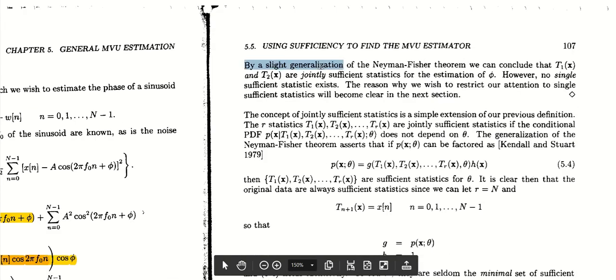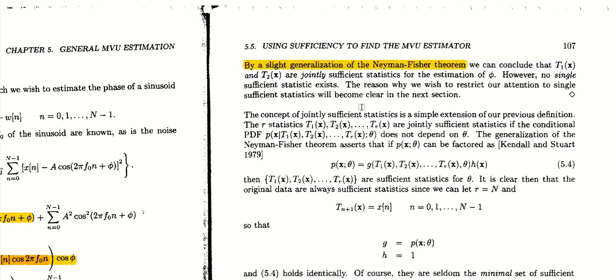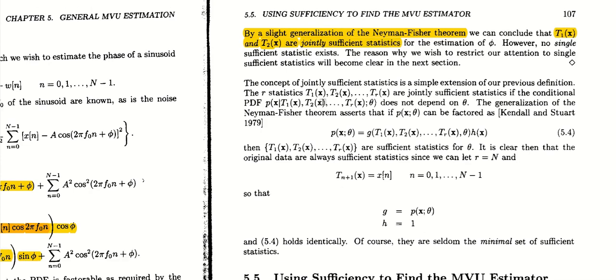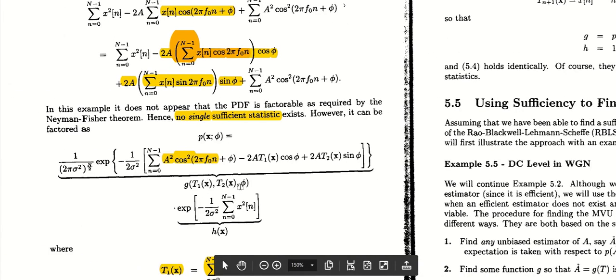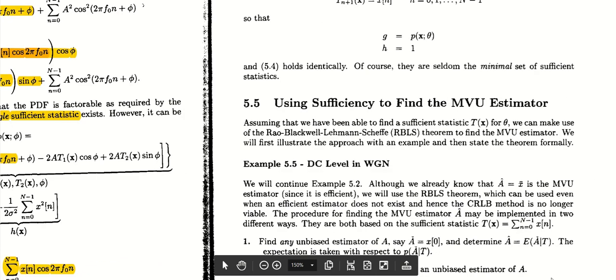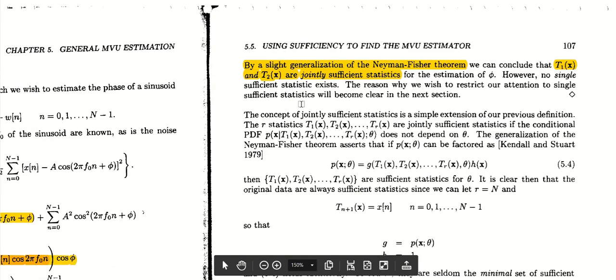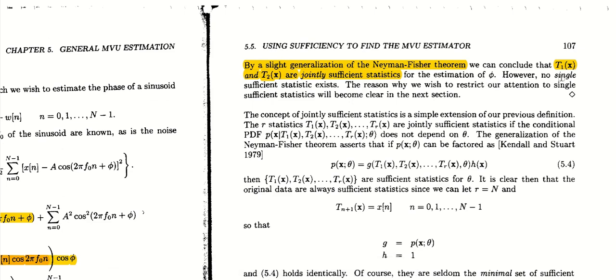By a slight generalization of the Neyman-Fisher theorem, we will say that T1 and T2 are jointly sufficient statistics. They are jointly sufficient. So if you have T1 and T2, then it will be jointly sufficient for phi. That's what we are saying for this jointly sufficient statistic. Okay, but no single sufficient statistic exists.